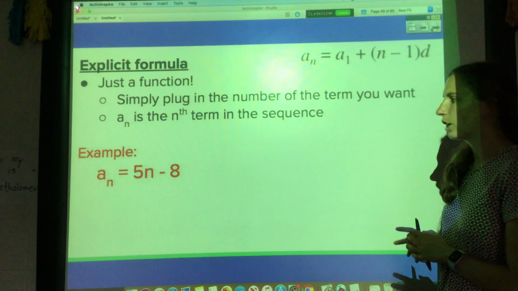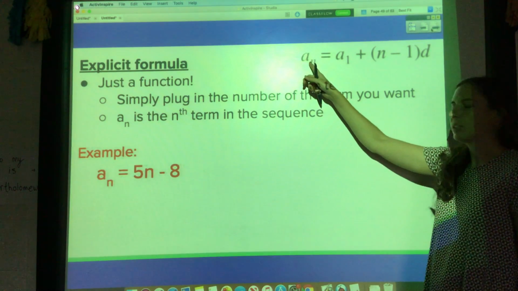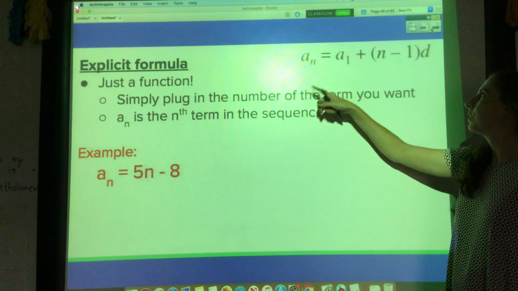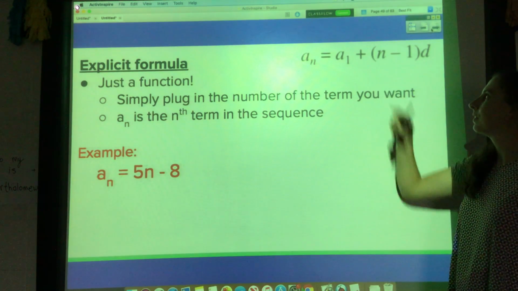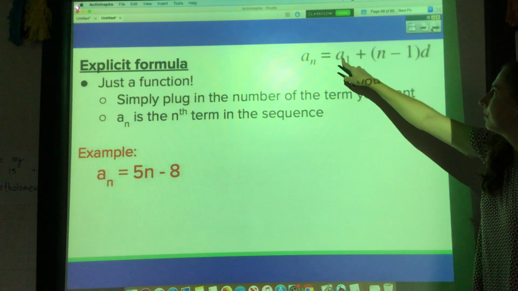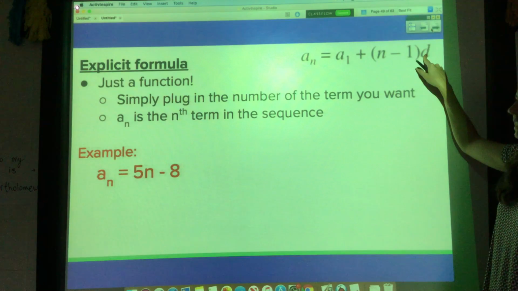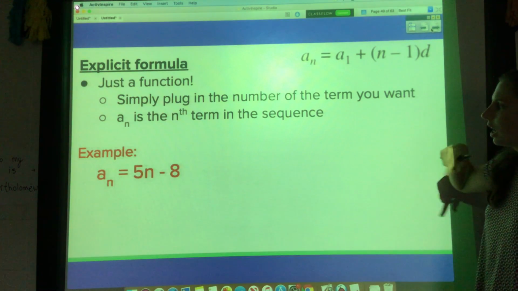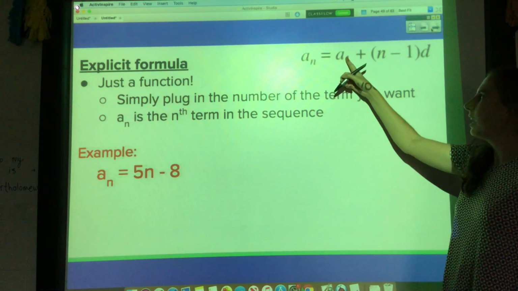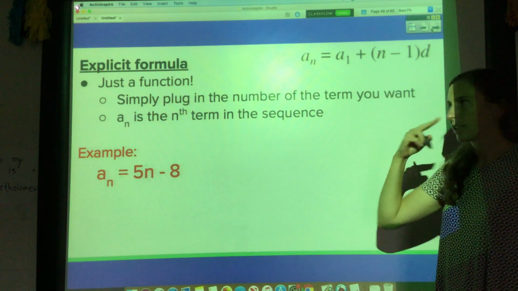Okay, just to translate a little bit, an once again stands for the term, and n is the term number. So that's n here. Once again, all you have to fill in is the first term, A1, and the common difference, D. What's happening is, let's go back to that hexagon sequence.